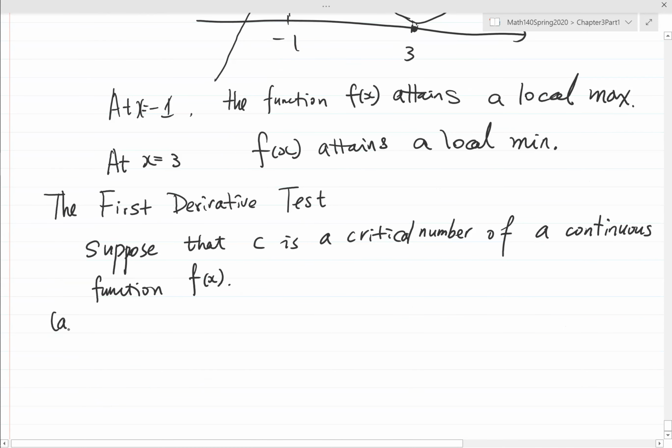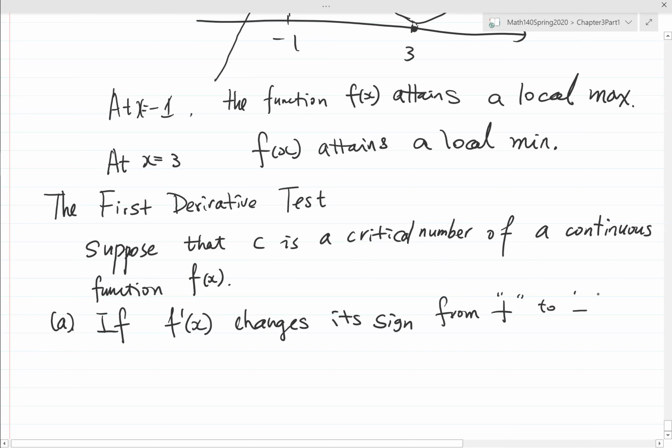Now, if f derivative changes its sign from positive to negative, then positive means it's increasing, negative derivative means it's decreasing. So the function increases and then decreases. Then f(x) attains a local max. Okay, increase and then decrease. Then we have a local max at x equals c.